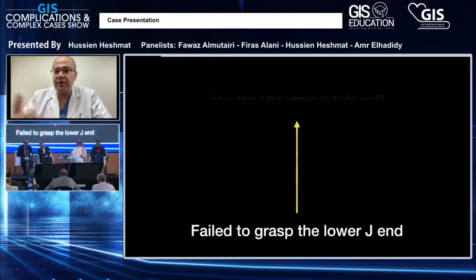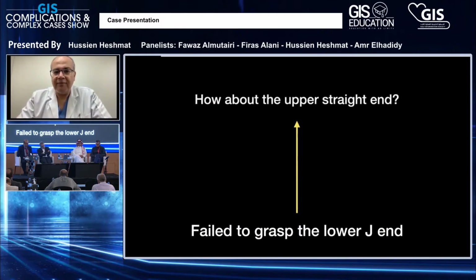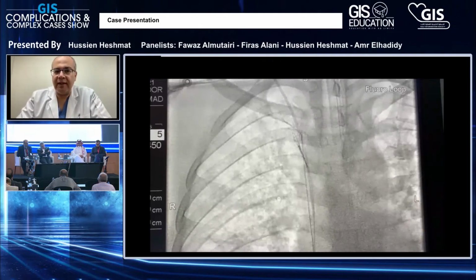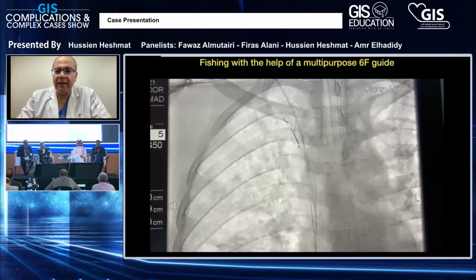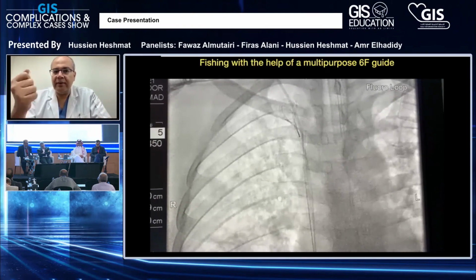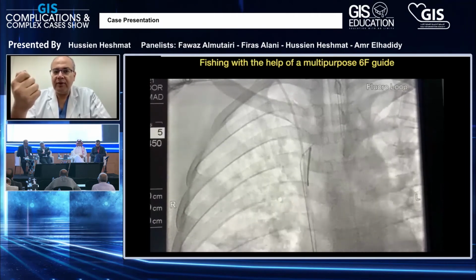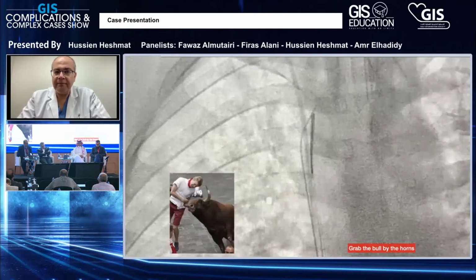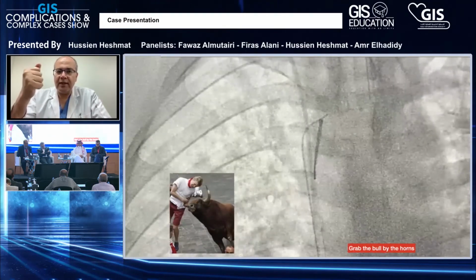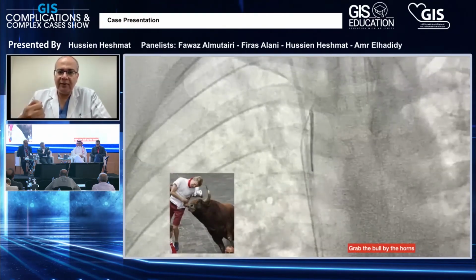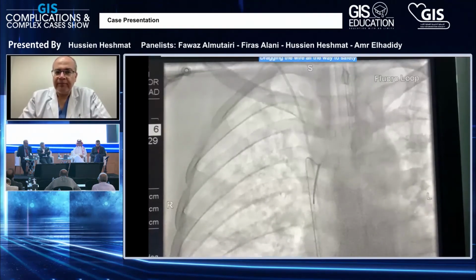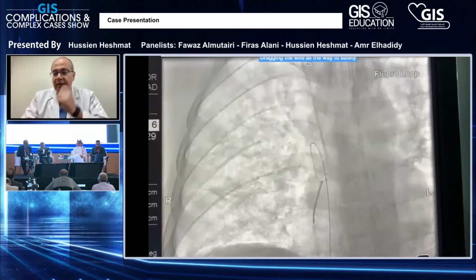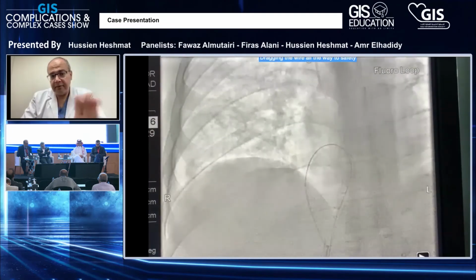So based on the suggestion of one of my dear technicians, he said, let's try to go to the upper straight end. And we did that again, through a multipurpose catheter. We tried to fish for the tip of the wire, and we were able to grasp it. We made sure that it was tight, and then we continued dragging it all the way down from the superior vena cava, bringing it down across the heart.